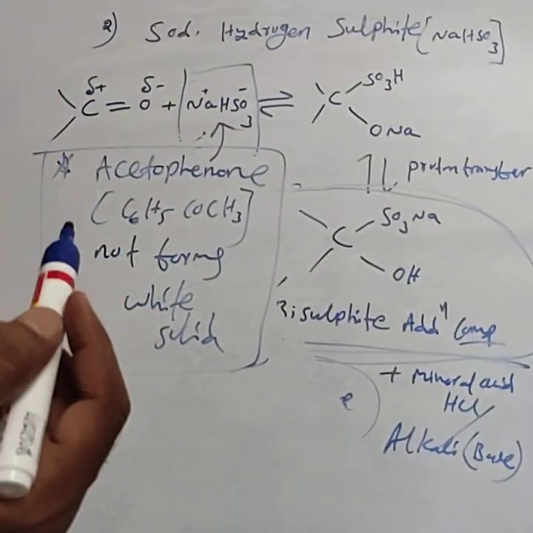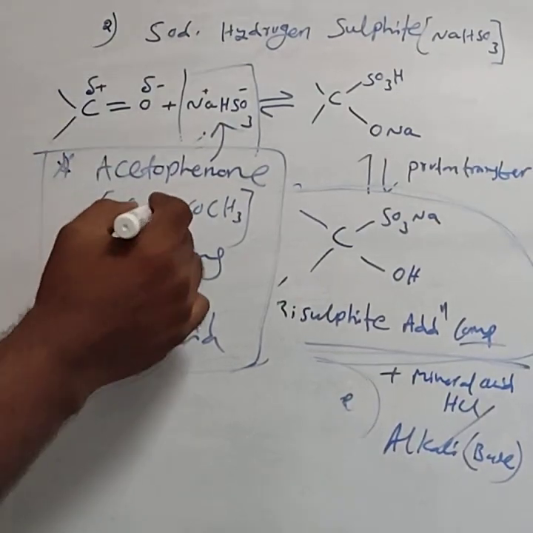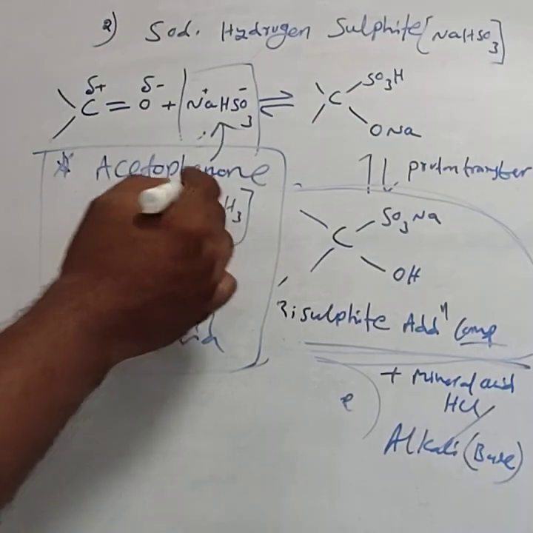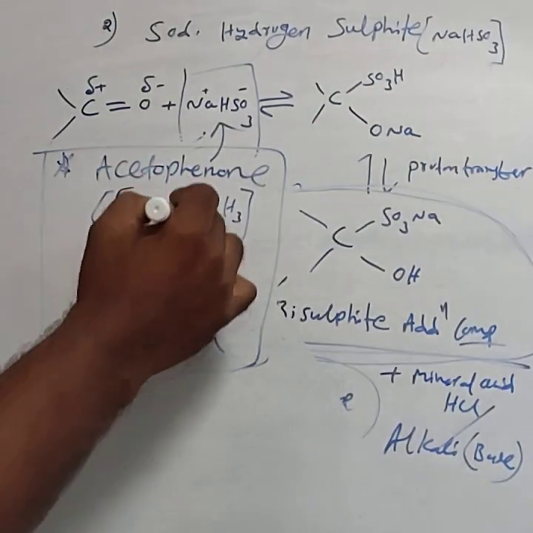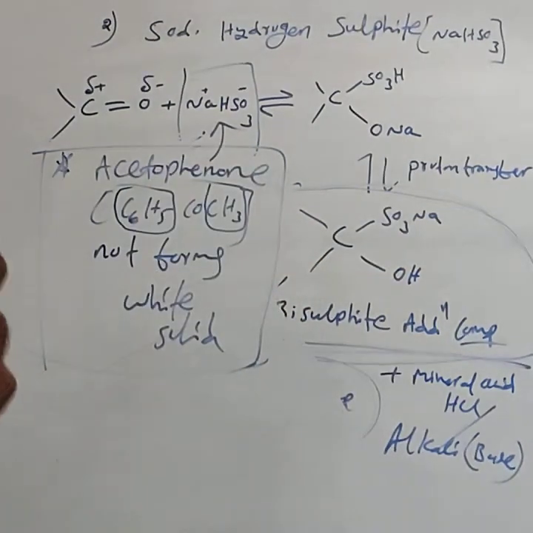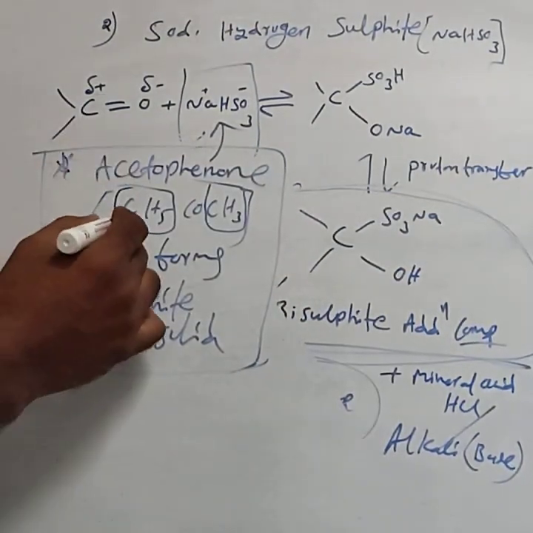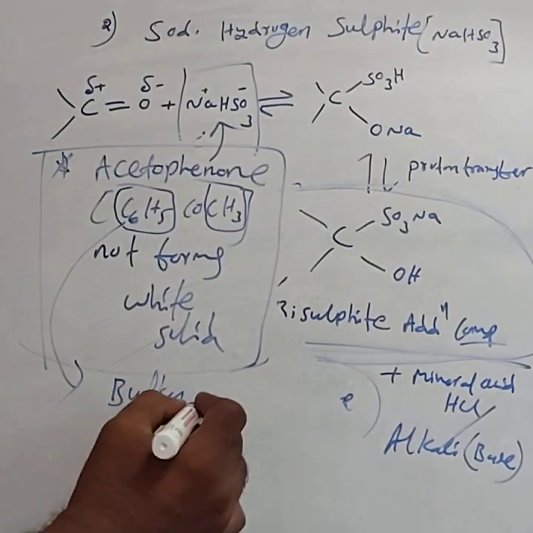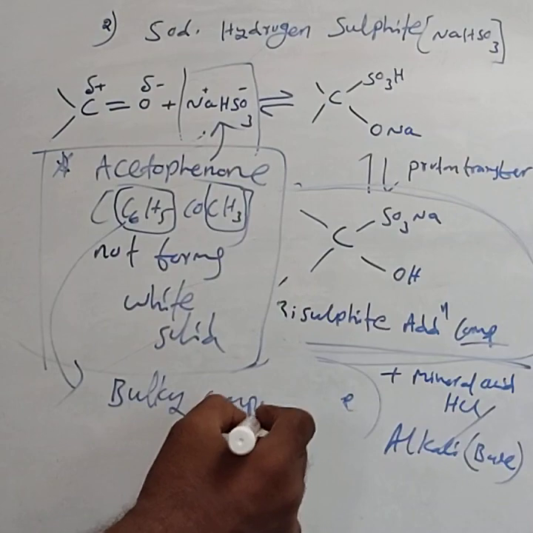The simple reason is that, if you observe the groups bonded to the carbonyl in acetophenone, one is the C6H5 group and another is the CH3 group, the phenyl group and the methyl group. These are bulky groups, bigger groups.